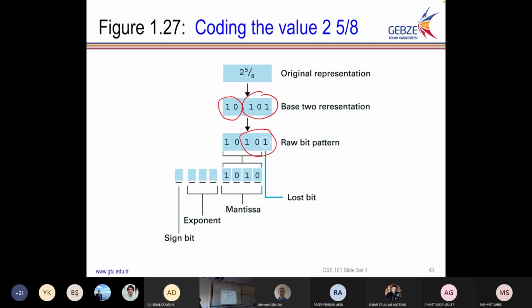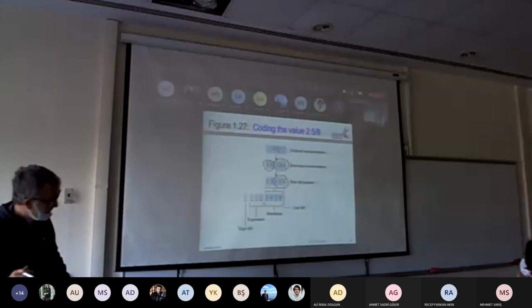You write 2 here. You write 2 here. And 0 here.